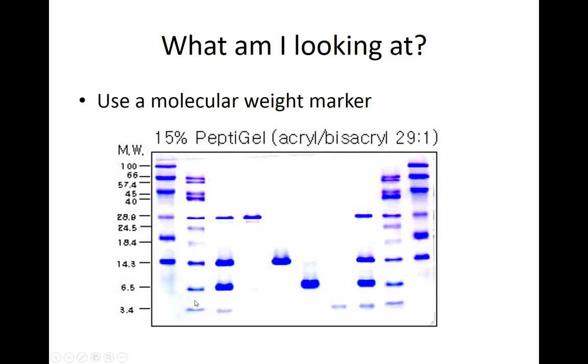And then you can look at your samples and see how big or small your different proteins are. You can see there's some that are around 45 kilodaltons, 40 kilodaltons, 28.9 kilodaltons, things like that. So you know where things have migrated to based on where your molecular weight marker standards have run.